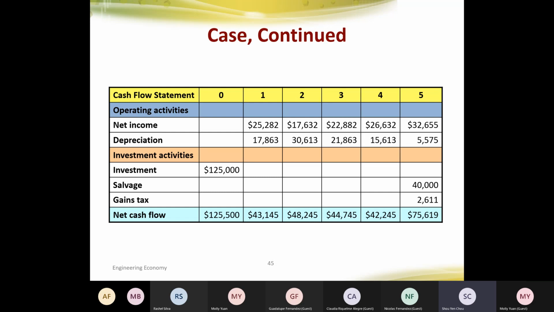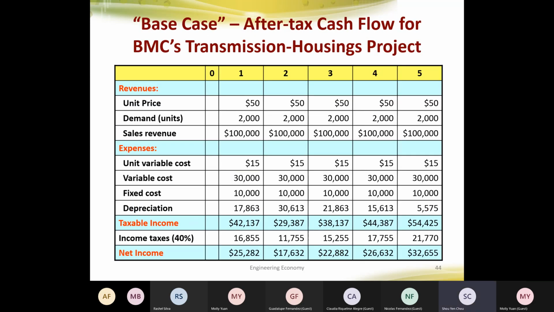For example, can we go back to the previous page? For example, unit price is 50. Is it going to be 50? We don't know. We haven't really sold the product. The price will be set only after we know the cost.